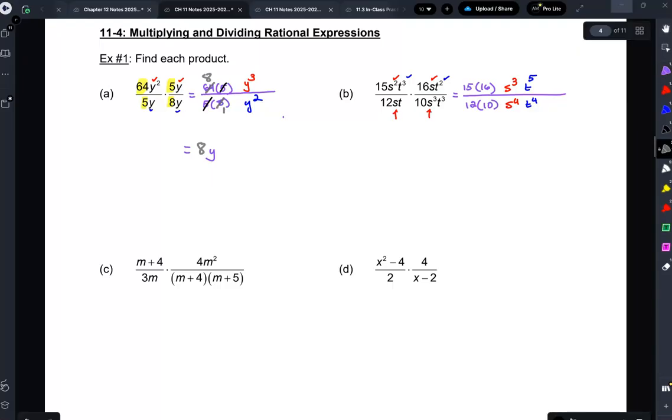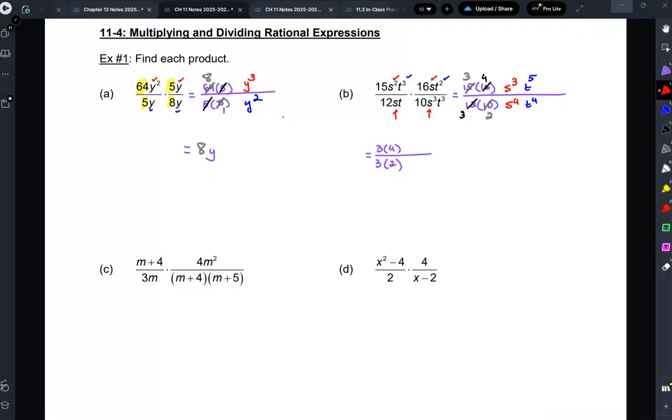Okay, now let's do coefficients. I can divide the 15 and the 10 by 5, getting 2 and 3. I can divide the 16 and the 12 by 4, getting 3 and 4. Okay, now let's just clean this up a little bit, because now it's getting too crowded. I have 3 times 4, 3 times 2. Now let's talk about variables.